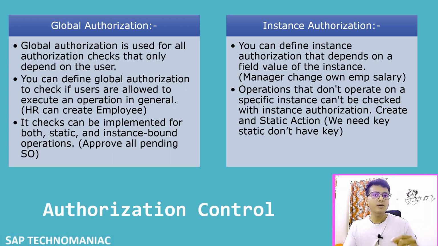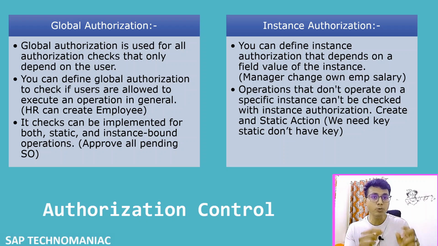But before any manager changes the salary, we have to check whether that particular employee belongs to that particular manager or not. That check we will do in this instance authorization.